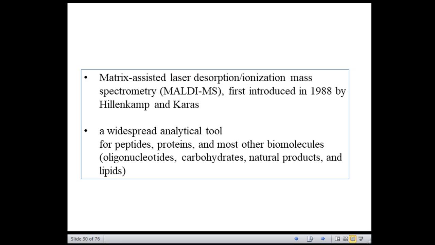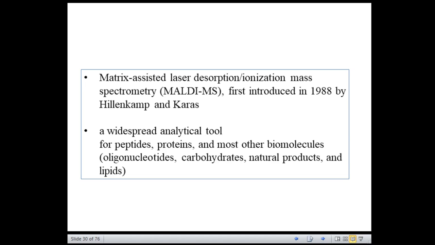So the outcome is high ion yields of the intact analyte. There is no fragmentation of the analyte. This allows for measurement with high accuracy and sub-picomole sensitivity.